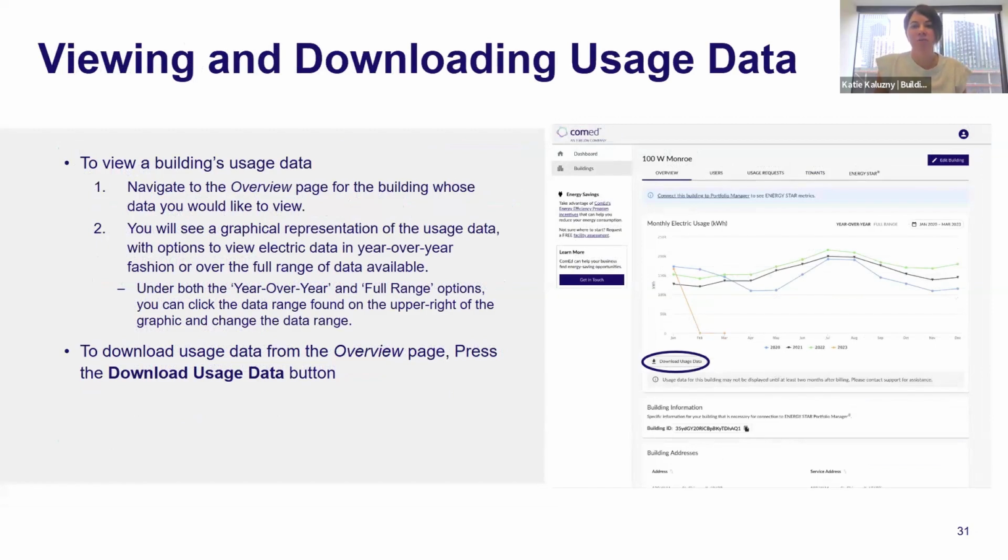Once you submit that usage request, you can download the data as a file, or you can connect that straight into your Portfolio Manager account. It's pretty great. It's all here in the tool, but this does require you to have another username and password separate from your Portfolio Manager username and password, and manage those two pieces. But it's a nice way to continue to collect data for your building year after year without making an additional request over email.